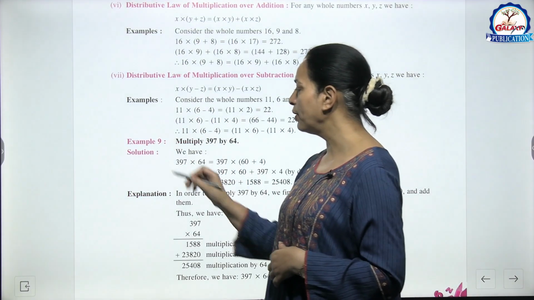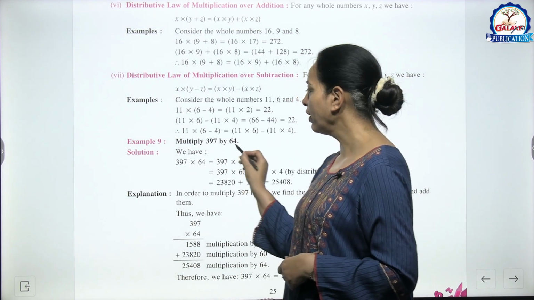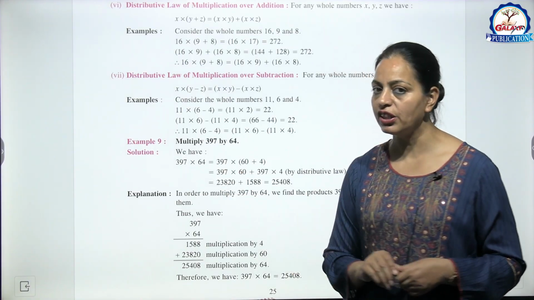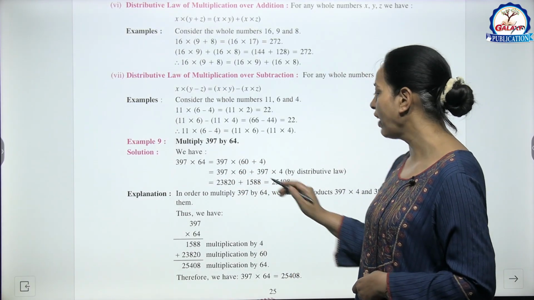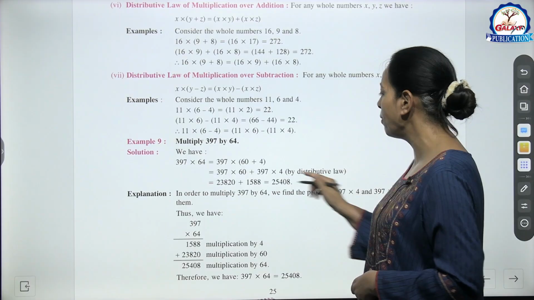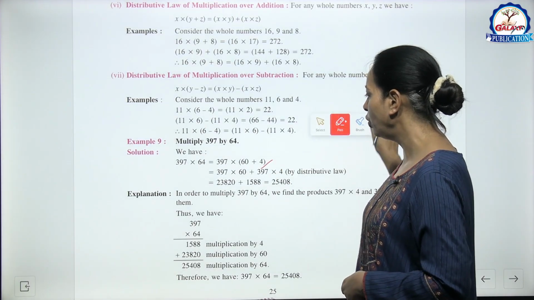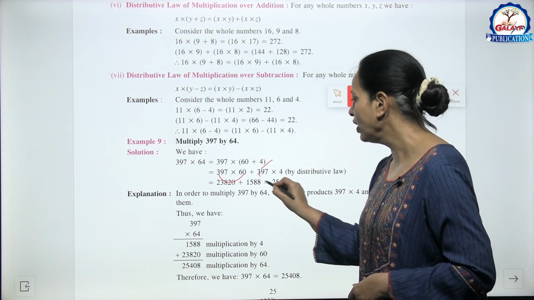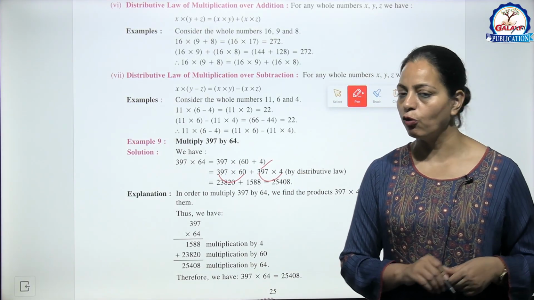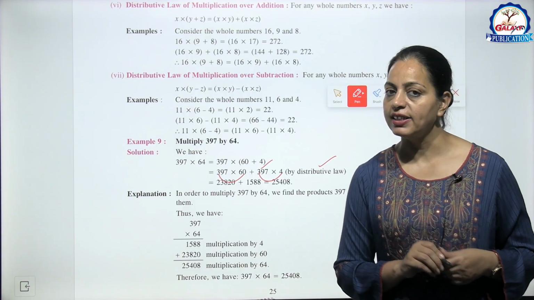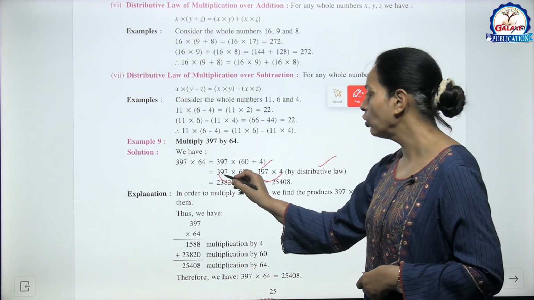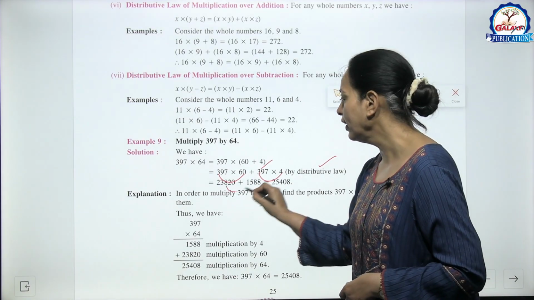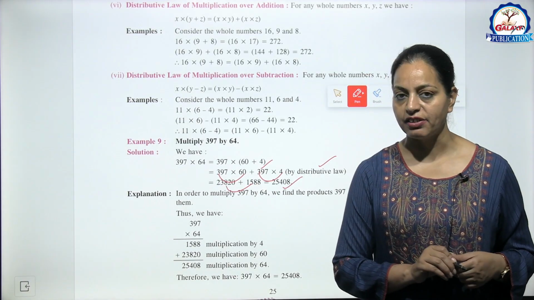Now come to example 9, multiply 397 by 64. So 397 into 64. So 397 into 60 plus 4. So what will you write? 397 into 60 plus 397 into 4. Which property? By distributive law. Okay, इन दोनों को मल्टीप्लाई करेंगे, इन दोनों को मल्टीप्लाई करेंगे and then इन दोनों को हम कर देंगे add, right?